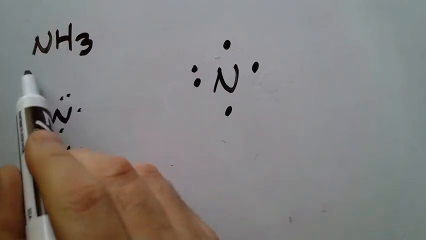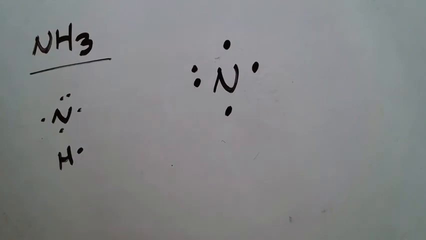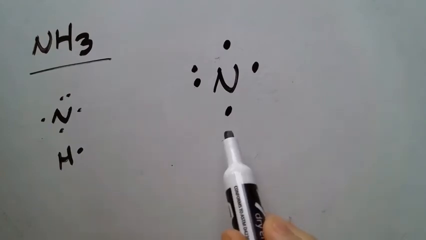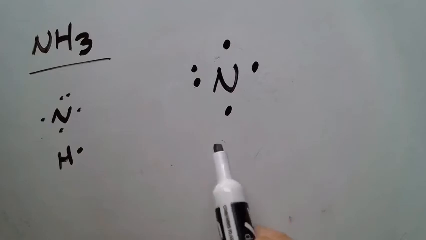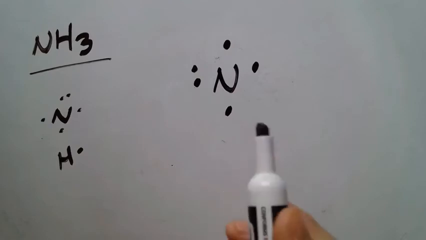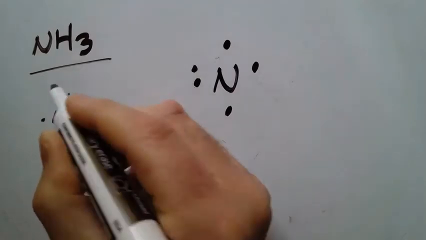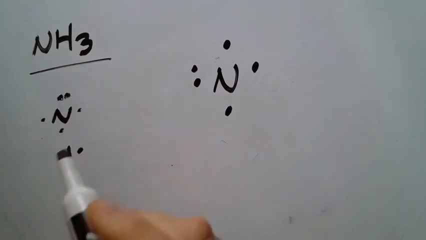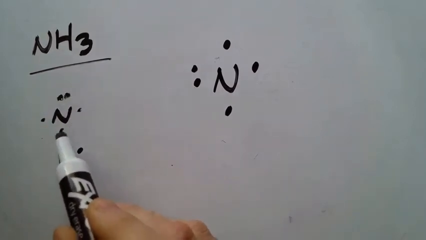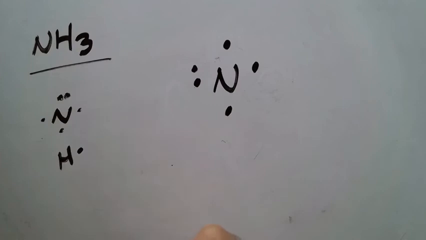Now, when drawing a molecule, you start with the element that can make the most number of bonds. All right? How do you know how many bonds an element can make? It's by the number of lone dots it has. This is known as its valence number, not the number of valence electrons, just its valence number.